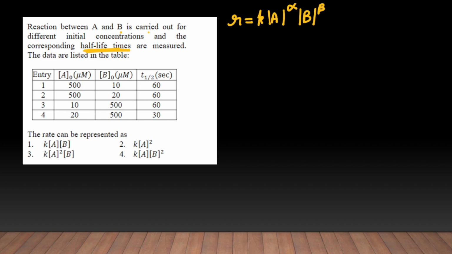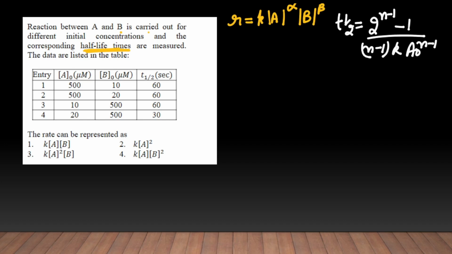Now for the nth order, the T half value is 2 raised to the power of n minus 1, minus 1, upon n minus 1 into the rate constant k into a naught raised to the power of n minus 1. So we can say that T half is inversely proportional to a naught raised to the power of n minus 1.